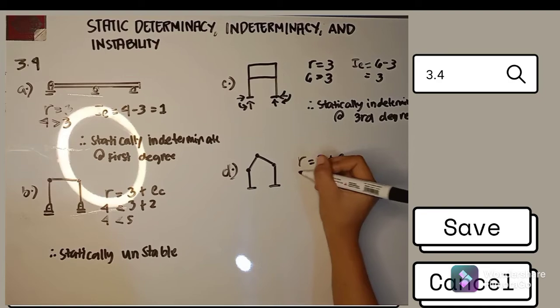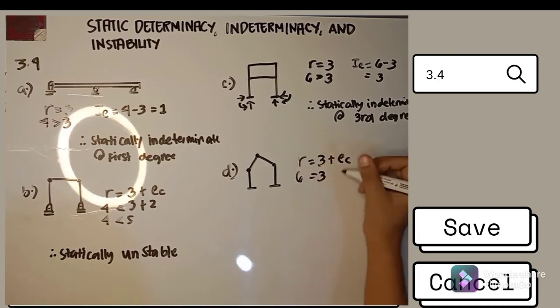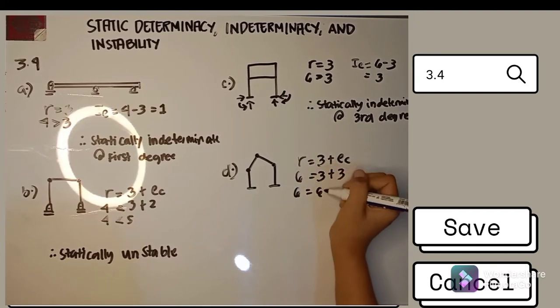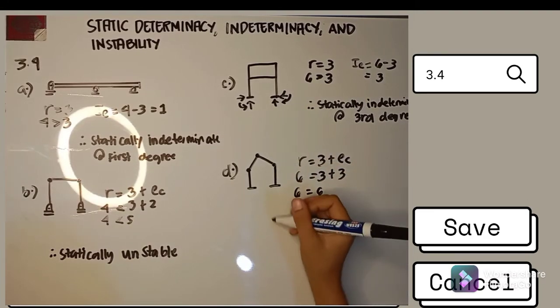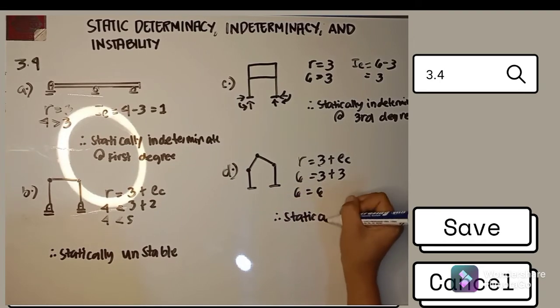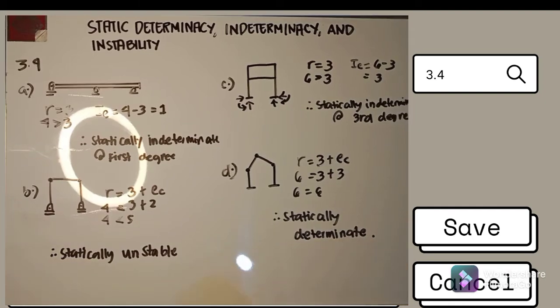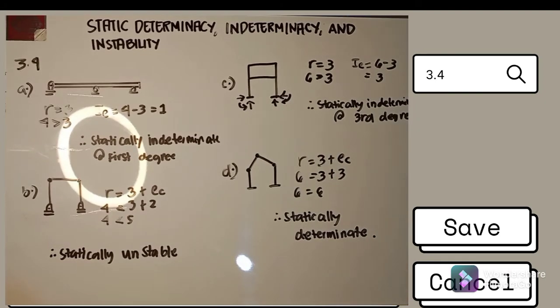Our external reaction is 6 and 3 plus EC, which is 3. 6 is equals to 6. Therefore, this frame is statically determinate. And that's all for static determinacy, indeterminacy, and instability.